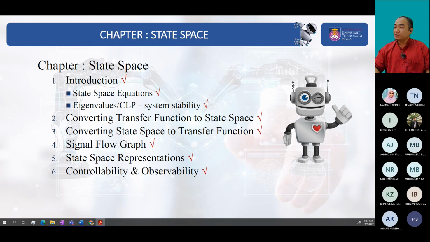Other than using a transfer function, we can also use a state space to express the mathematical model of our system. And of course, these are some of the topics that we will be discussing today.